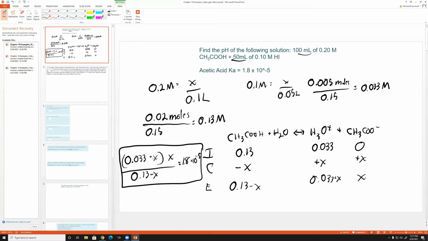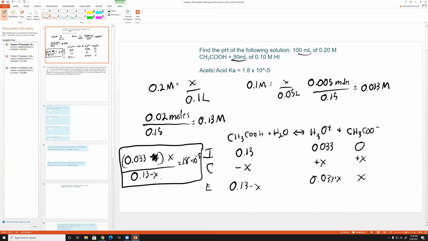Now, our next question is, do we approximate? It may not be as easy to tell in this case because our Ka is 10 to the negative fifth, but our concentrations are 10 to the negative third, or 10 to the negative second. That's on the borderline, but you can do the approximation. You can calculate it without the approximation versus with the approximation, and the numbers will be very close.